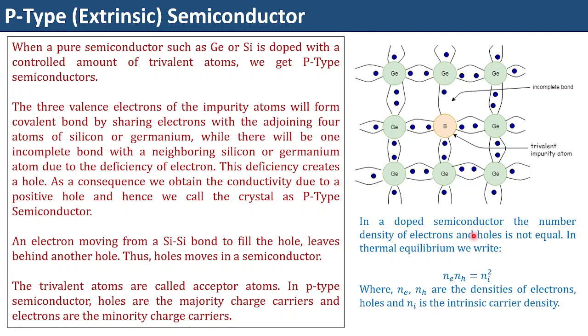Now in a doped semiconductor, the number density of electrons and holes is definitely not equal, because you have doped it. So in n-type, electrons will be more, in p-type holes will be more.